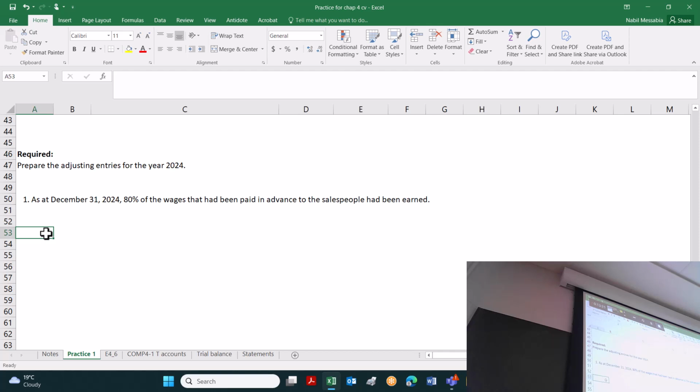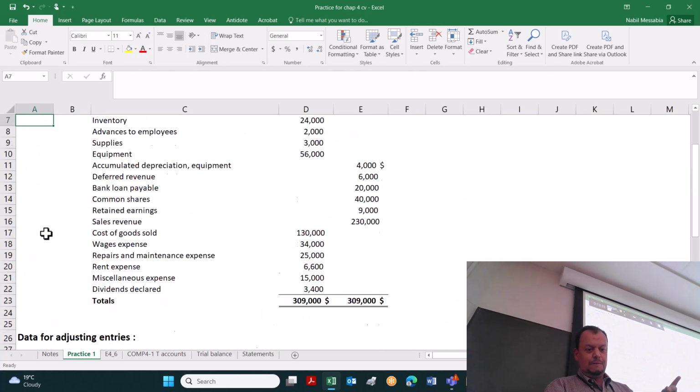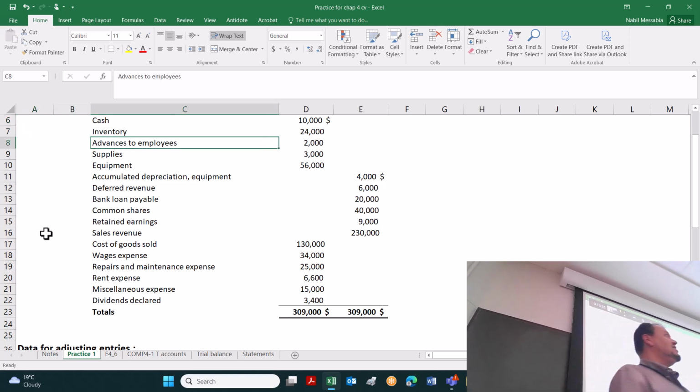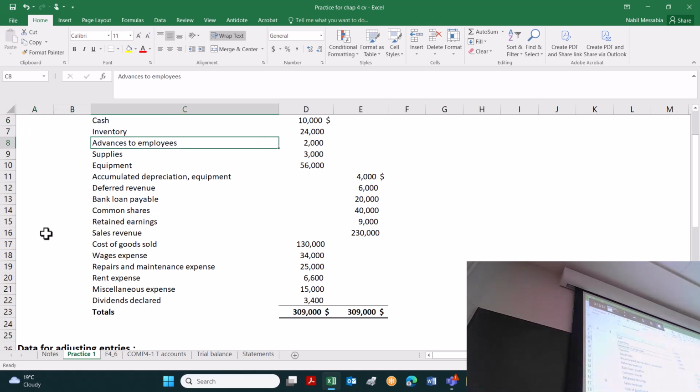At the time we paid, we credited cash and we debited advance to employees, which is an asset account. Which means no expense has ever been recognized so far with regard to this.